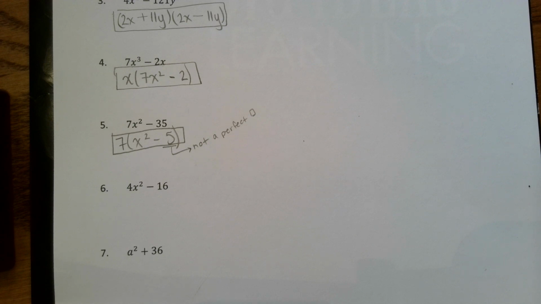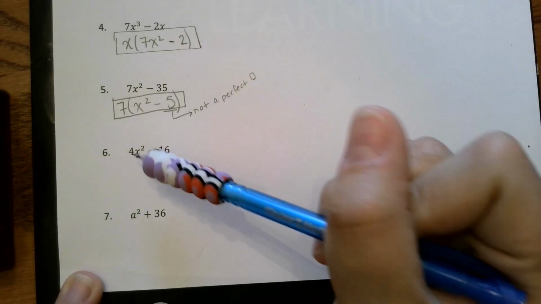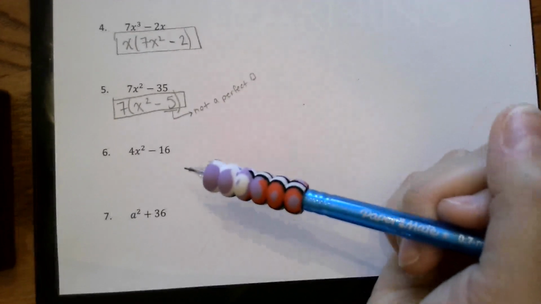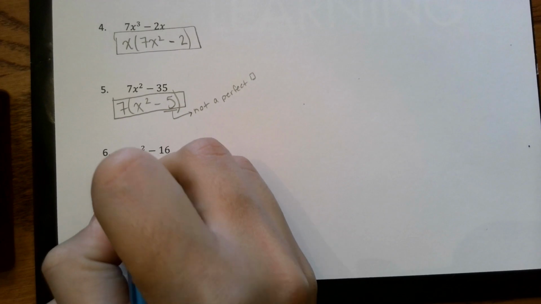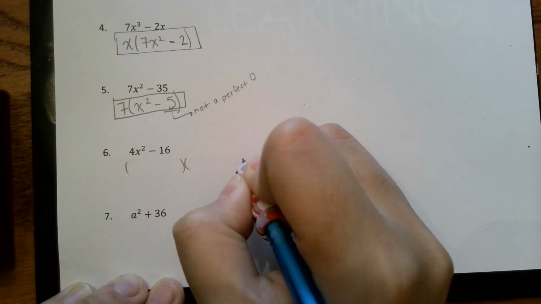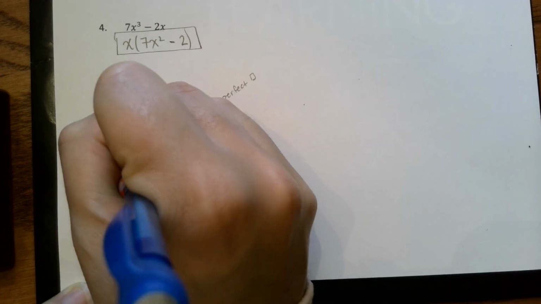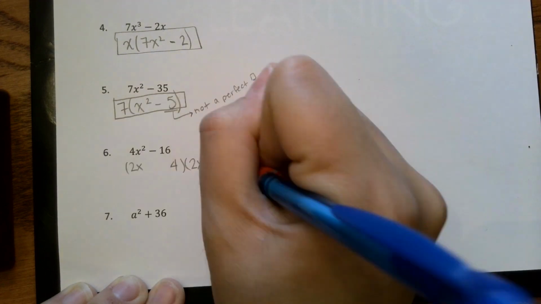Number 6 is kind of interesting. There's 2 different ways that we can do this. Some students might realize right away that 4x squared and 16 are both perfect squares. So if you just jump into this without looking for a GCF first, you could factor this into 2x times 2x and 4 and 4.